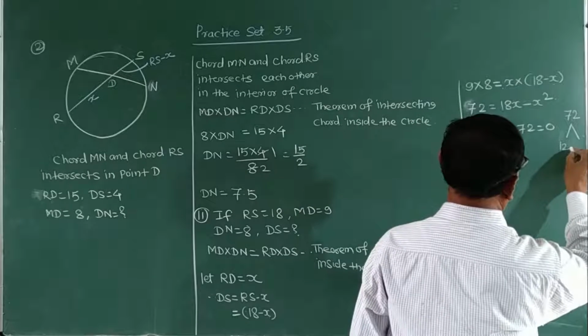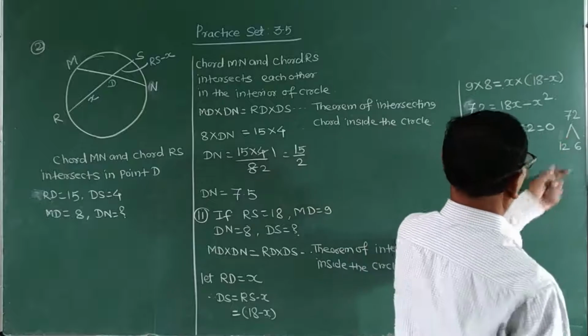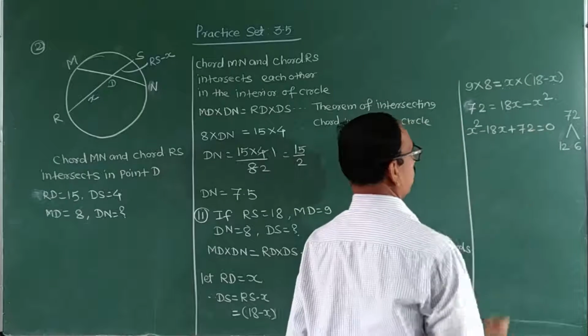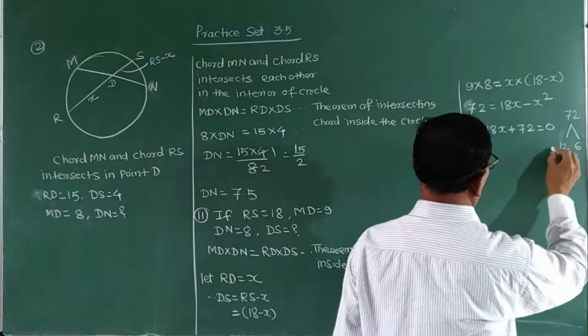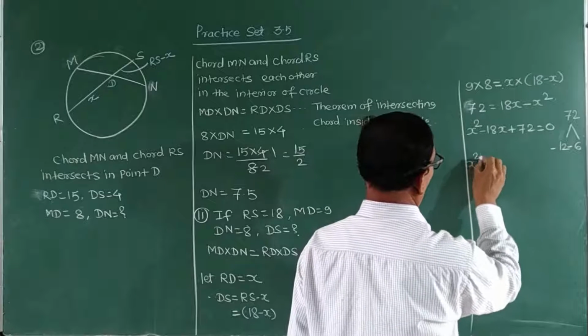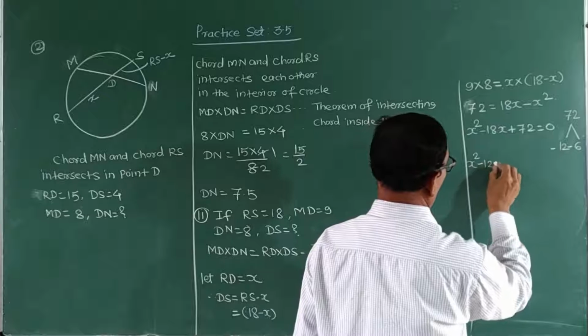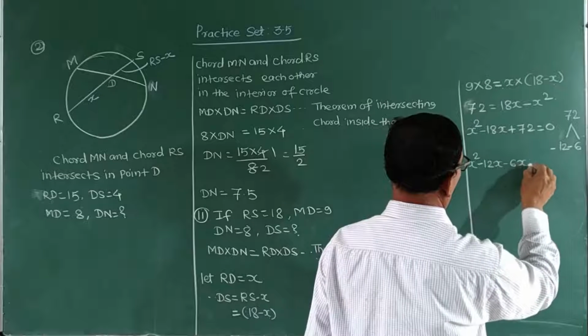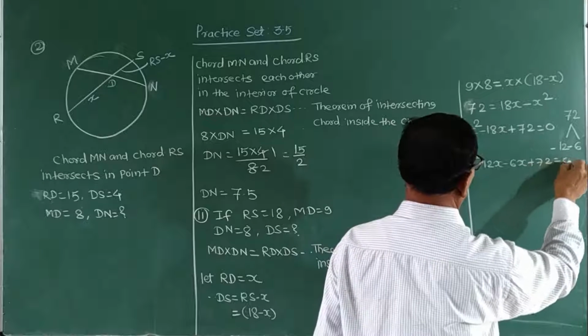So this will be 12 into 6. 12 into 6 will be 72. And we will put negative sign to both. So this can be written as x square minus 12x minus 6x plus 72 equal to 0.